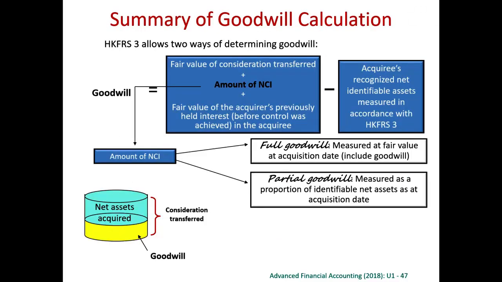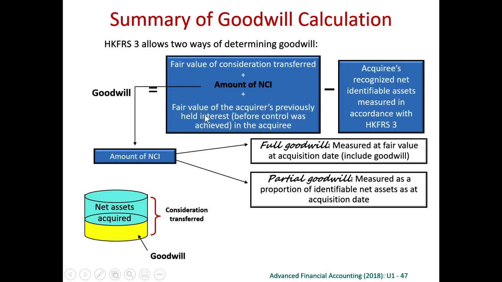This is how we calculate goodwill. Goodwill will be calculated as the aggregate of these 3 items. The 3 items are the fair value of consideration transferred, the amount of non-controlling interest, as well as the fair value of the acquirer's previously held interest.